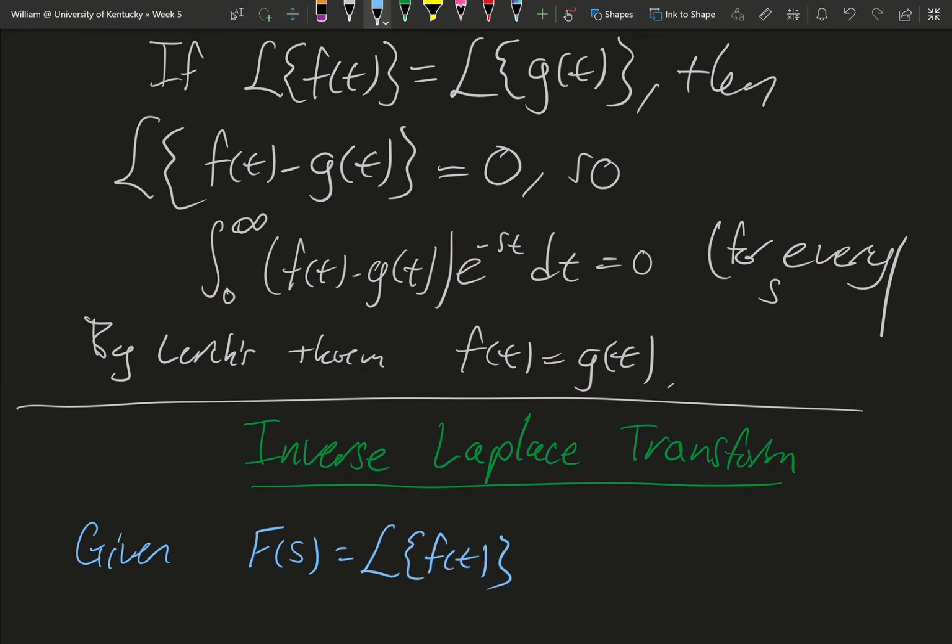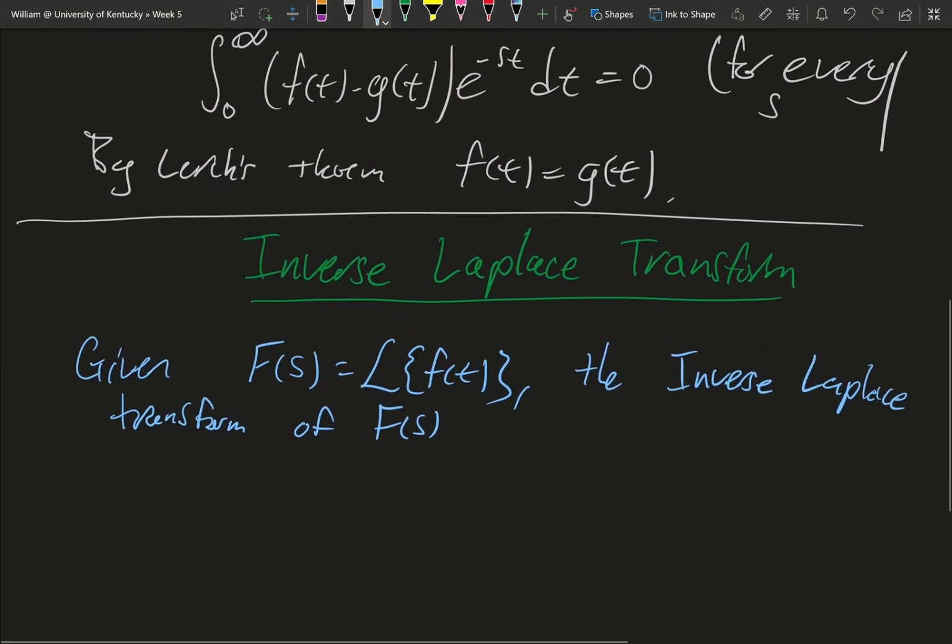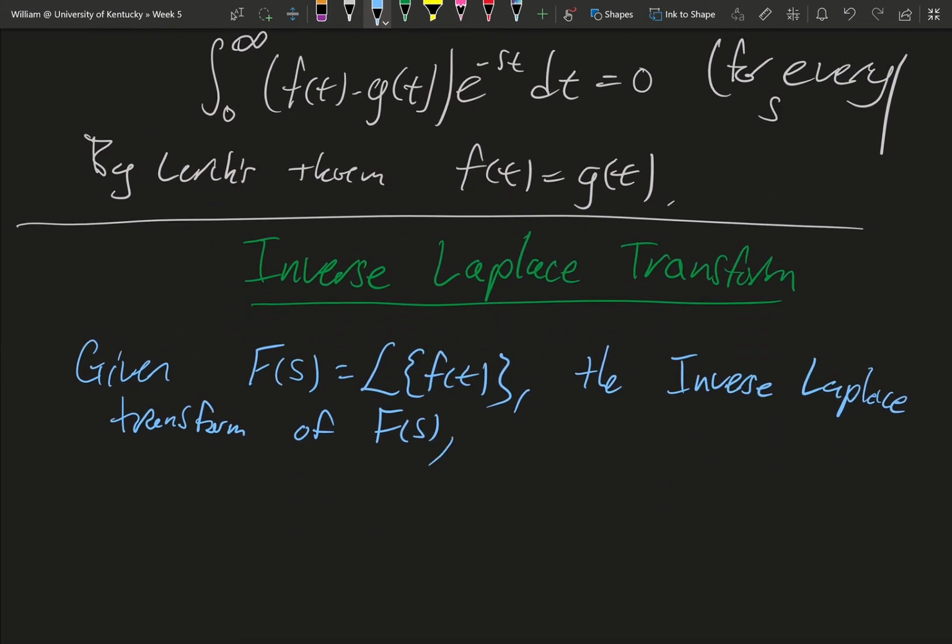If I have F of s equals the Laplace transform of some function, then the inverse Laplace transform of F of s, which we denote like this, is just going to spit back out f of t.